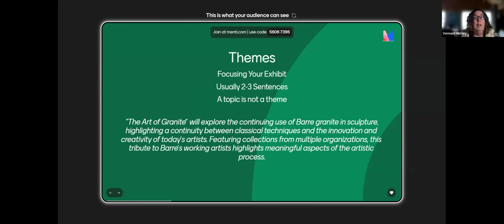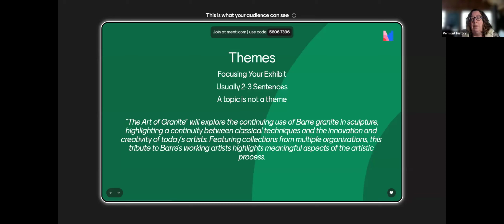A theme is usually two to three sentences, a kind of thesis statement. And a note: a topic is not a theme. Culture is a great topic, but it's not really a theme. A theme gets you down into something very specific and helps focus your exhibit.